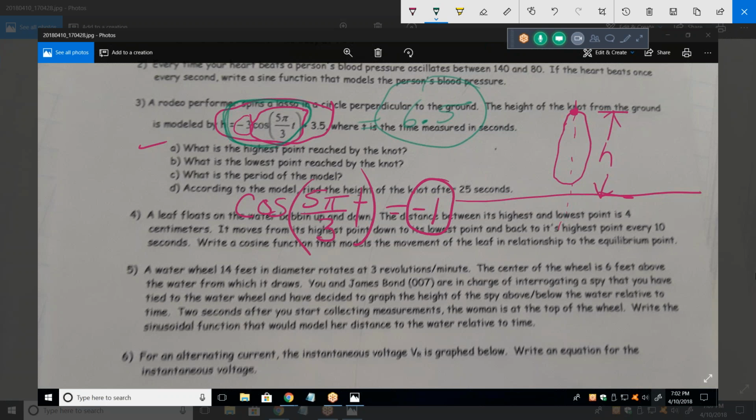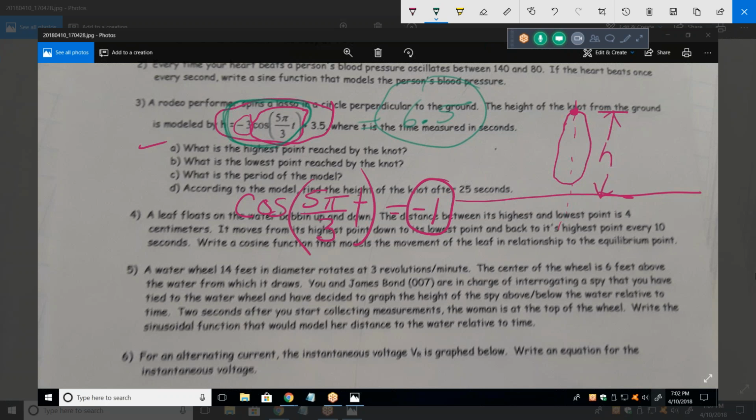And in fact, it has nothing to do with our picture so far. All I'm trying to do is get the cosine of 5 pi over 3 times t to be equal to -1.